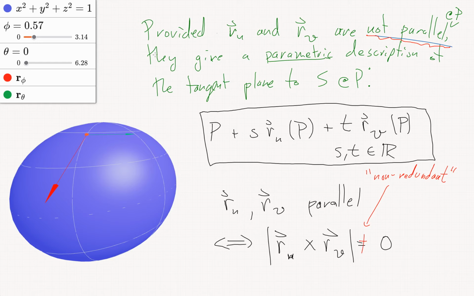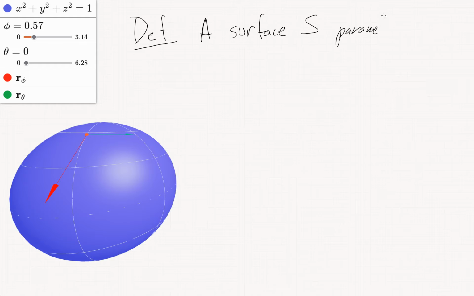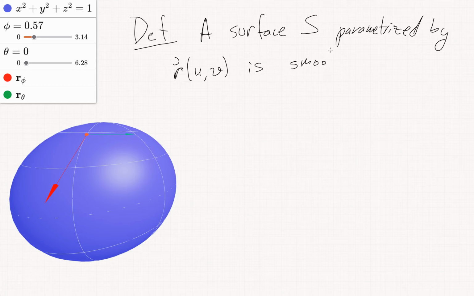Okay, so definition. A surface S parameterized by R of u and v is called smooth if the partials R sub u and R sub v exist and are continuous, which will be the case for any reasonable thing we write down.